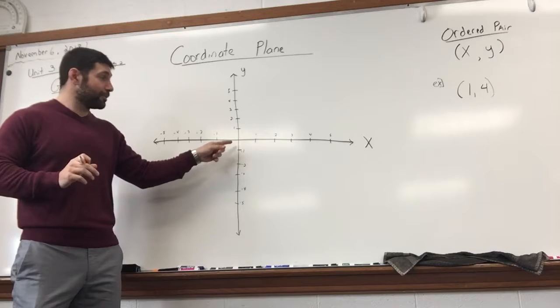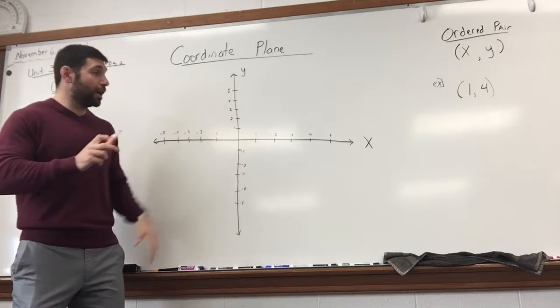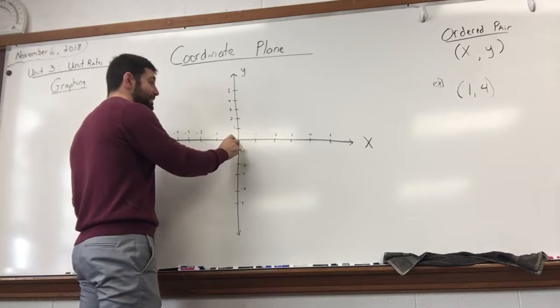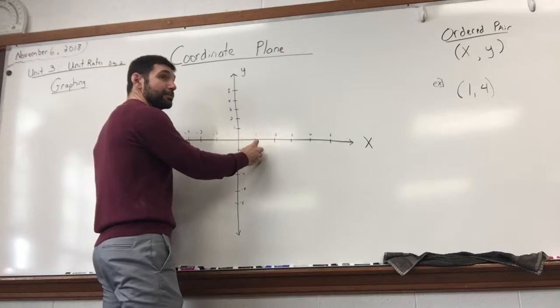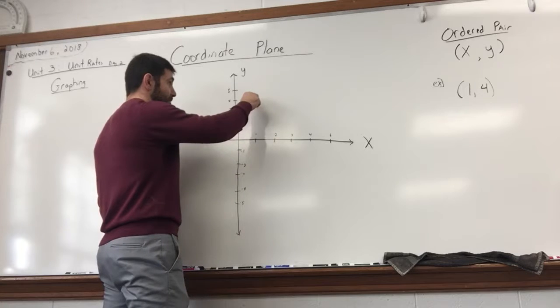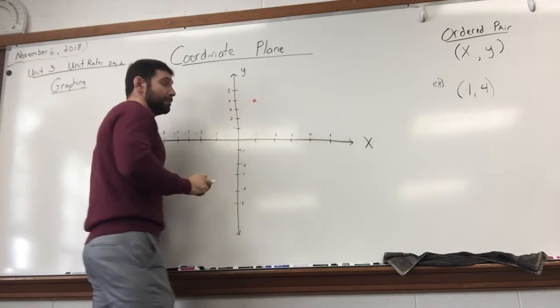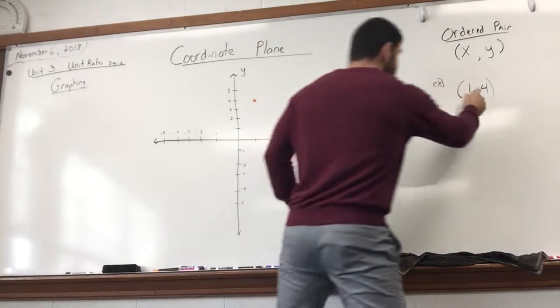So if I want to graph 1, 4, I'm going to start on my x-axis. I go over to 1, and I leave my pencil tip there. And then I go up to 4 on my y-axis. And I put my point. This is orange.